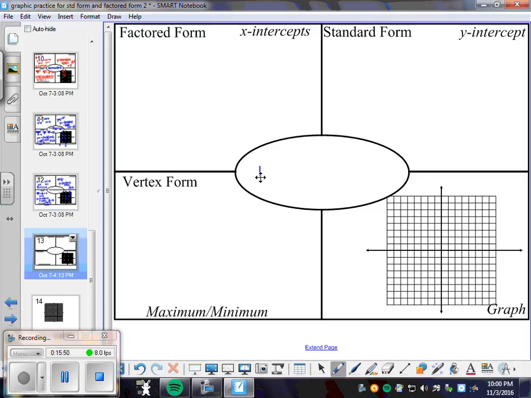I've got f of x equals x plus 2 times 4x minus 3. We're going to do x-intercepts and y-intercept, max, min, vertex.